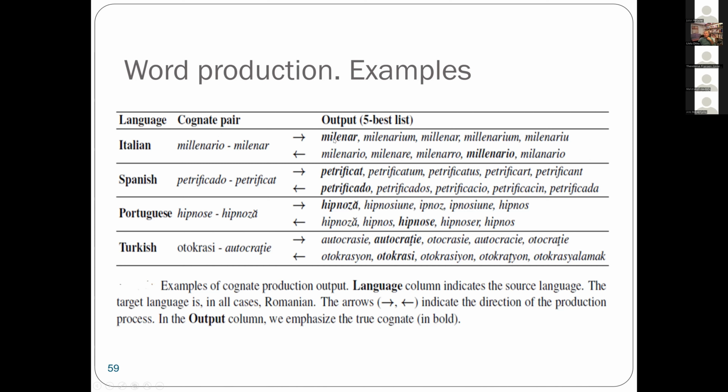Here you can see that we obtain millenar in the first position, but from Romanian to Italian, when we try to obtain it, we obtain it in the fourth position.